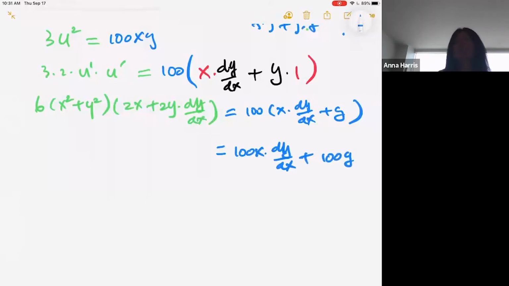Now you're gonna tell yourself, okay, I have to make dy dx to be one side. I cannot do that yet because I see dy dx over here, and I have dy dx over here. So I cannot combine them yet. So right now, what I need to do is I need to FOIL this.